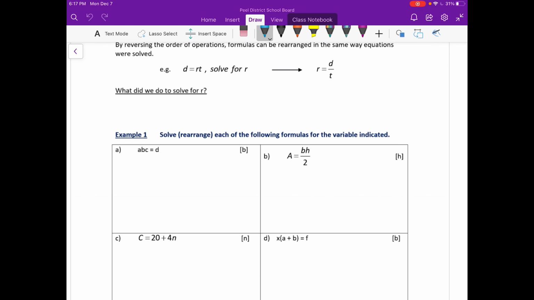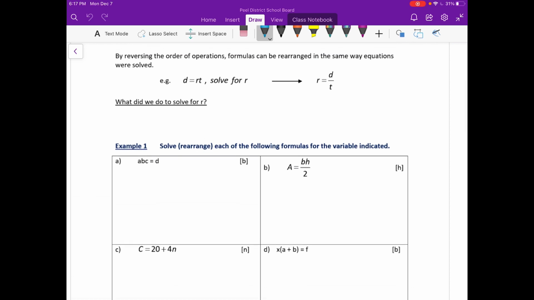So what did we do to solve for r? We had d is equal to r multiplied by t. If I'm trying to get r by itself, which is what we've been doing all this time, I just need to get rid of this t over here. How can I do that? If it's r multiplied by t, I can just divide by t.